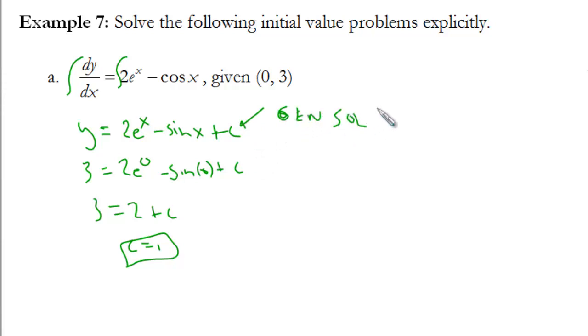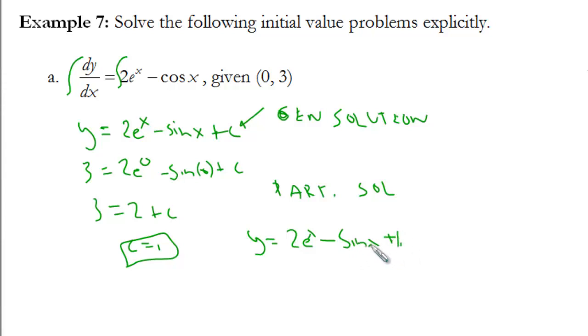All right, and what we're finding is the particular solution. And so our particular solution is going to be y equals 2e to the x minus sine of x plus 1.